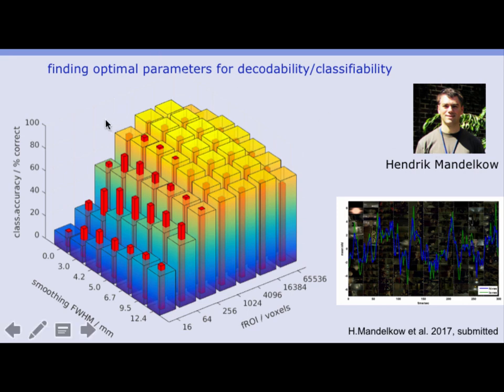And I think that it can be somewhat summarized by looking at this graph here, where he looks at the classification accuracy as a function of resolution, smoothness, and as a function of the ROI size. In any case, he always sees this kind of inverted U shape, meaning that you can actually have too high resolution. And I interpreted that as having too high noise levels at these high resolutions. And you can also have too low resolution where everything's just smoothed away. Is that right, Hendrik? Cool.